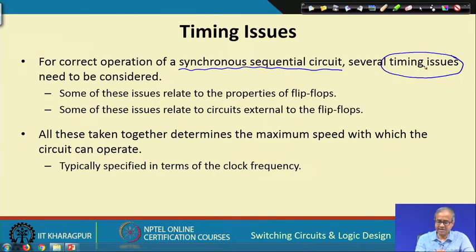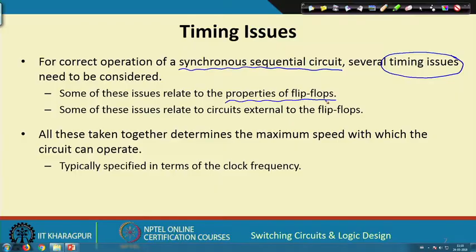Now, these timing issues relate to some properties of the flip flops. For example, given a flip flop, when the clock edge arrives, the question is when should we apply the data inputs? Consider a D flip flop, some value should be applied to D and then the clock pulse should be applied, the clock edge should come.